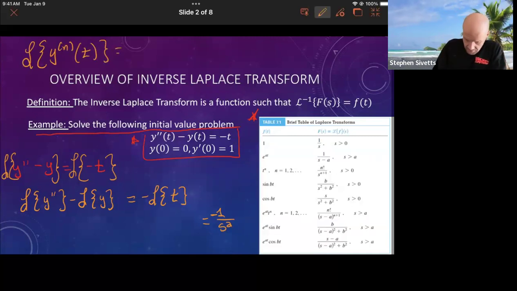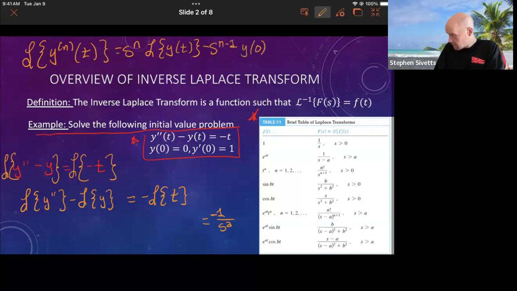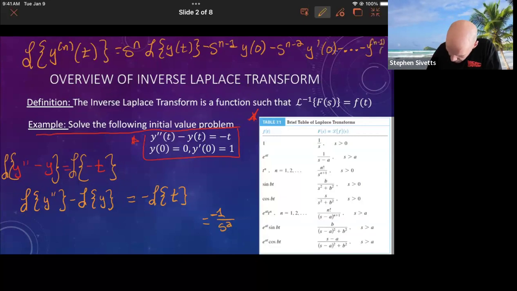So this was s to the n times the Laplace transform of y of t minus s to the n minus 1 times y of 0, minus s to the n minus 2 times y prime of 0, and then minus all the way down to minus y to the n minus 1 power at 0. Okay, so that was the other property that I mentioned in the previous video on more properties of Laplace transforms.